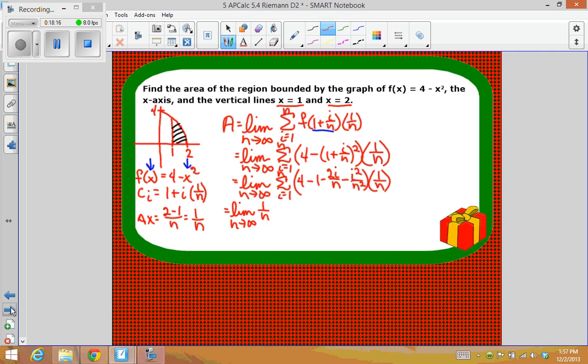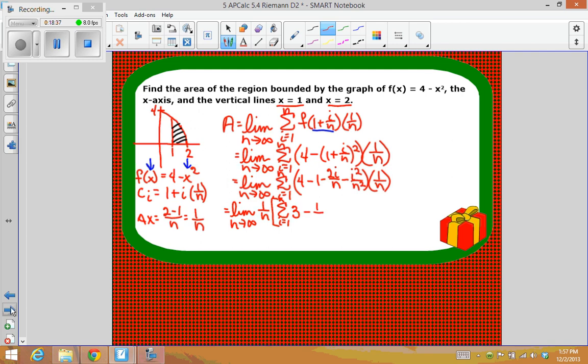Times, and I'm going to split these things up as I go through. I've got my sum from i equals 1 to n of 3, since 4 minus 1 gives you 3.